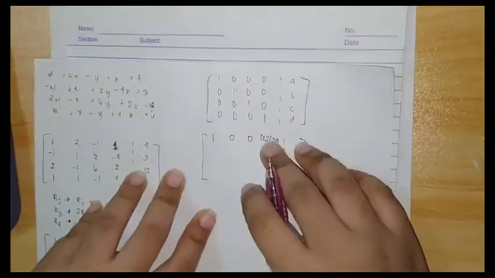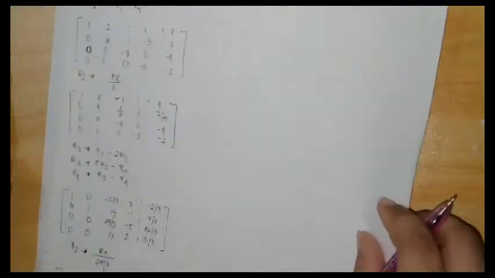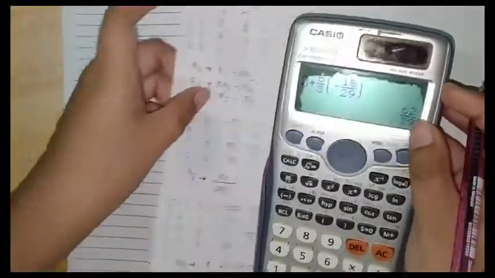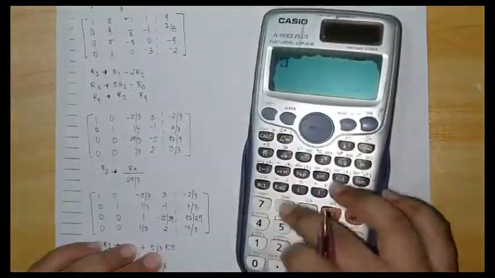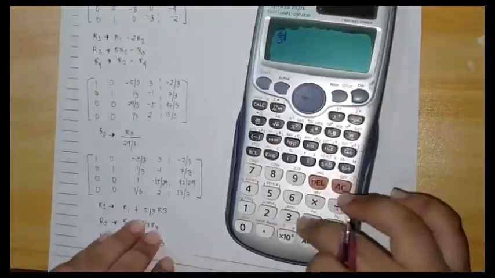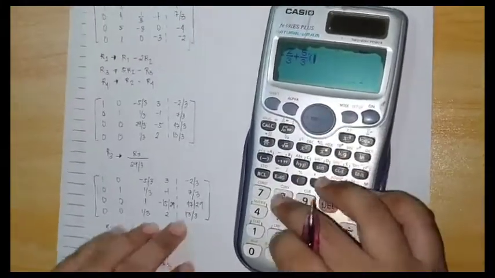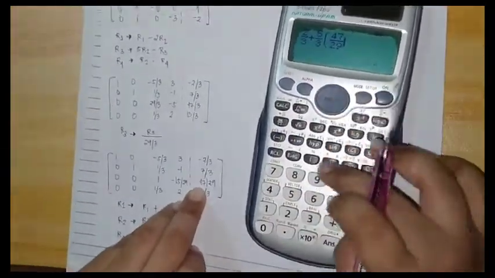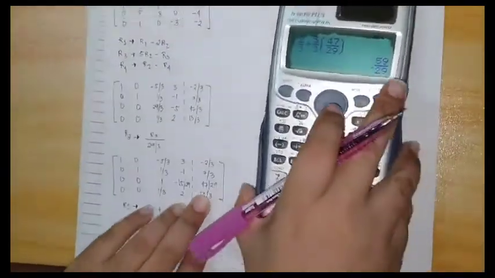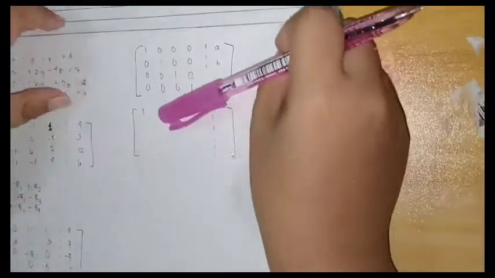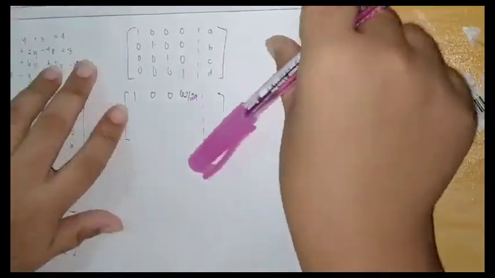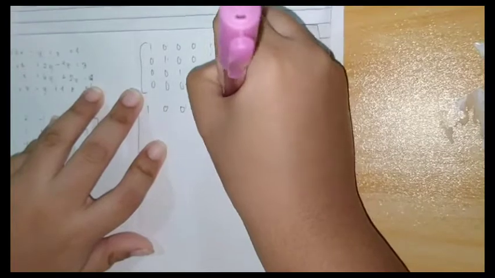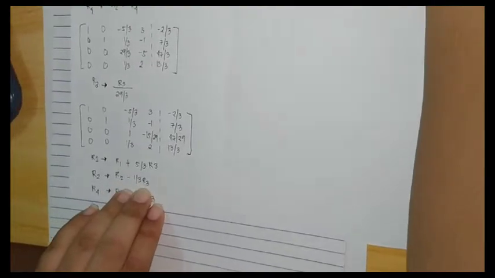For this area, negative 2/3 plus 5 over 3 times 47 over 29 gives 59 over 29. So we have 59 over 29.